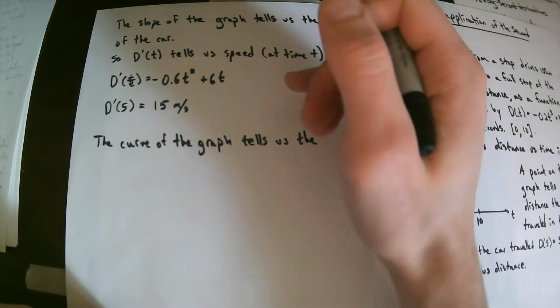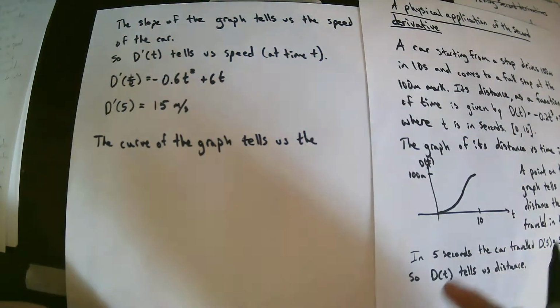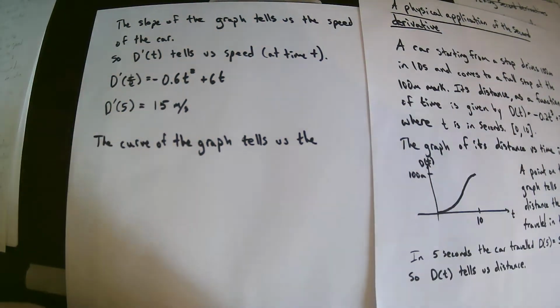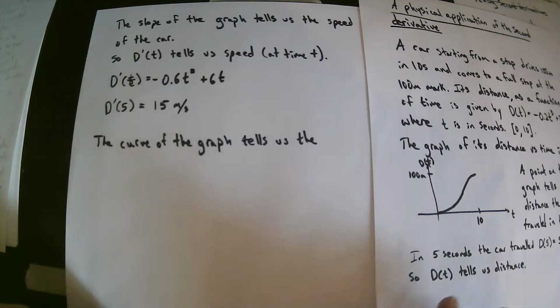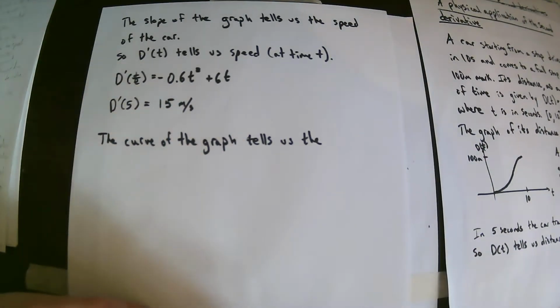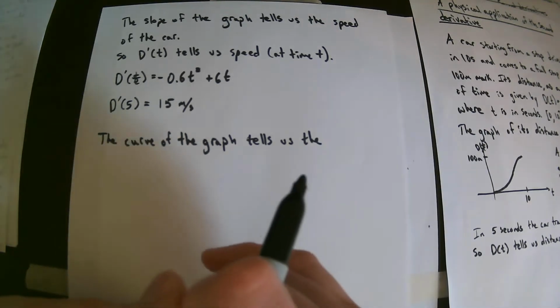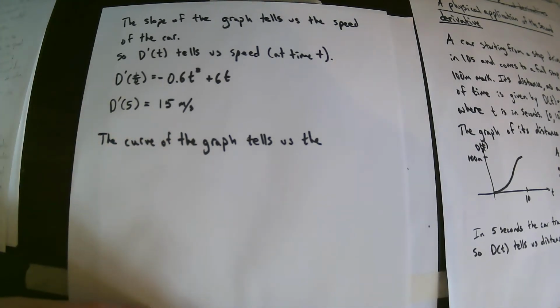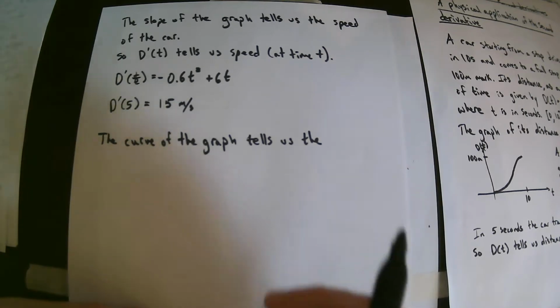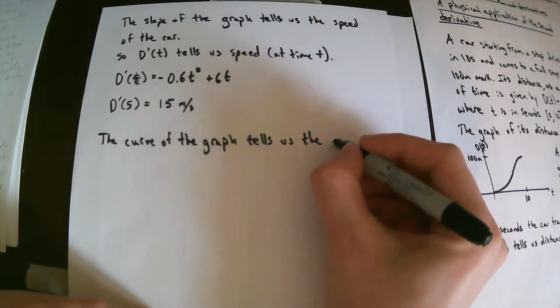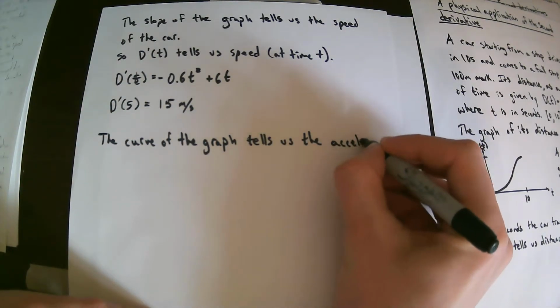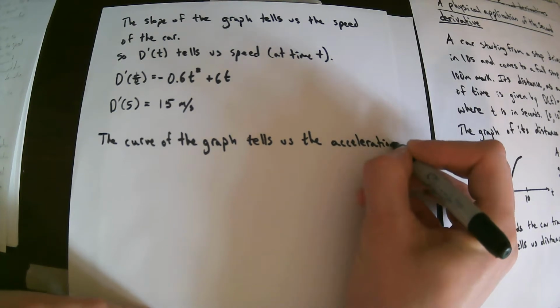Slope is change in position over change in time, in this case change in distance over change in time. The curve of the graph is going to tell us the change in speed per time, the change in the slope per second. That's acceleration. The curve of the graph tells us the acceleration of the car.